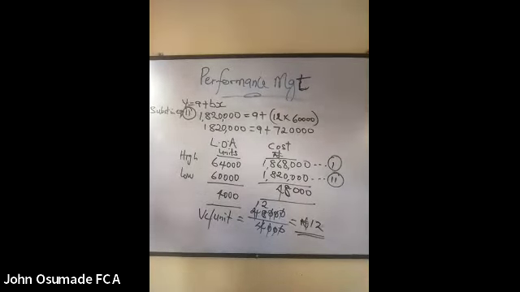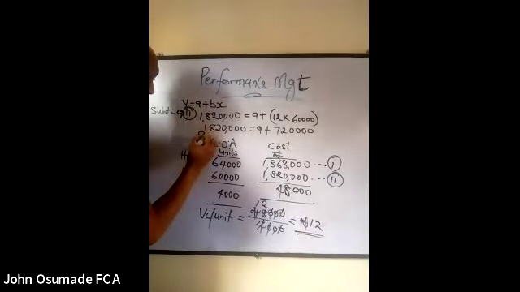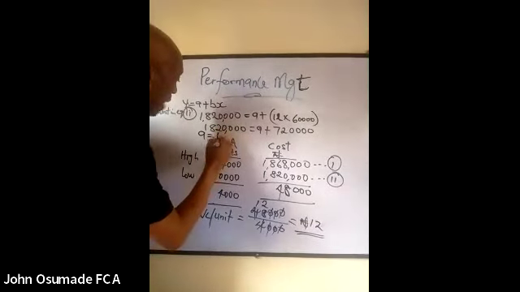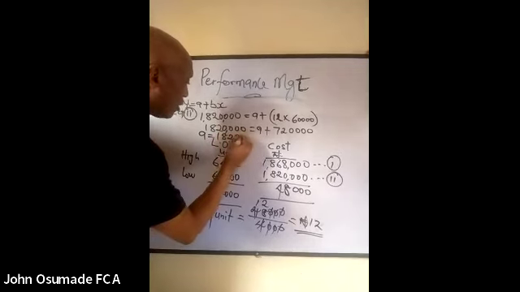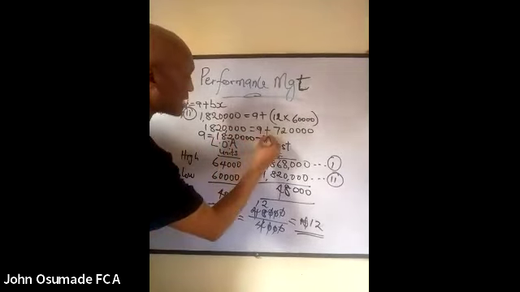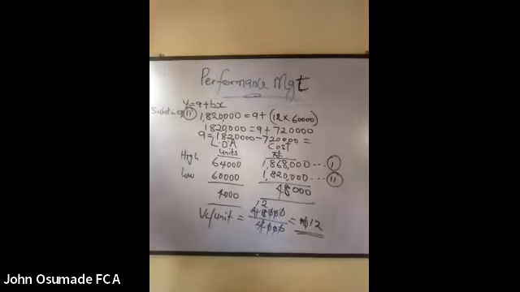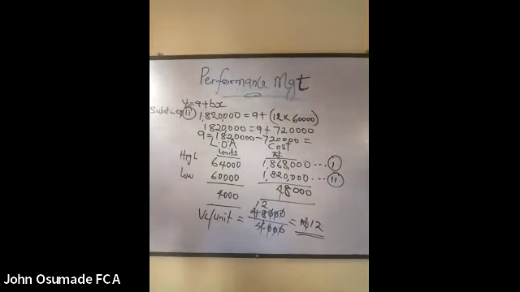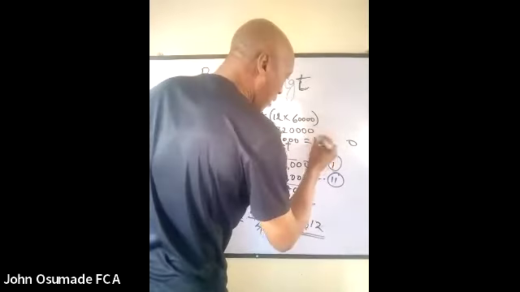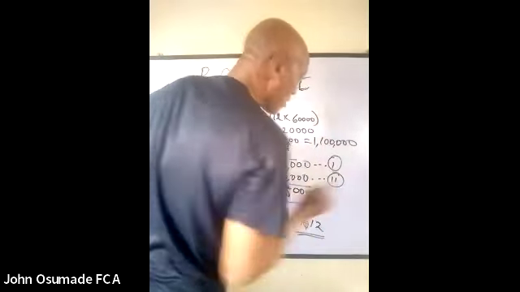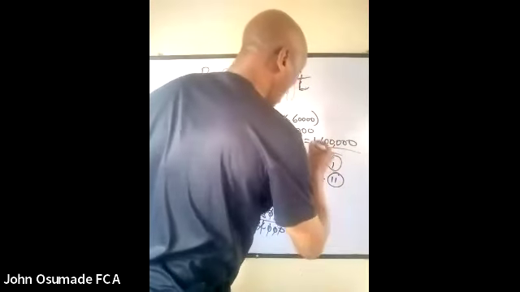So our A equals 1,820,000 minus 720,000, which equals 1,100,000 naira.